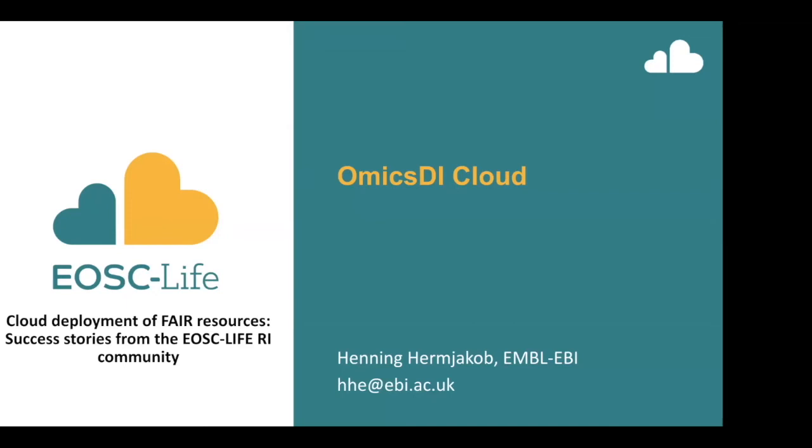I'm going to report on what we've done in the context of the OmicsDI Cloud project, which is one of the projects which Phil has just mentioned, which were organized by Work Package 1.